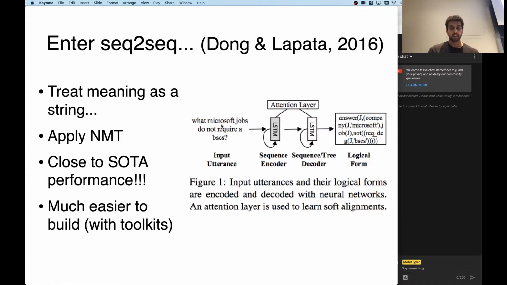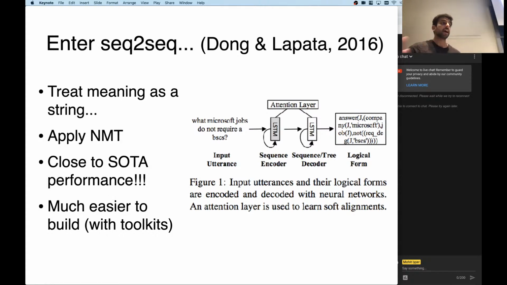You see here "what Microsoft jobs do not require a BSCS". This input gets processed by some encoder network and then goes into a decoder network with attention, and the decoder is generating the ground truth logical form. So this work assumed that you had pairs of the input natural language and the output logical form.